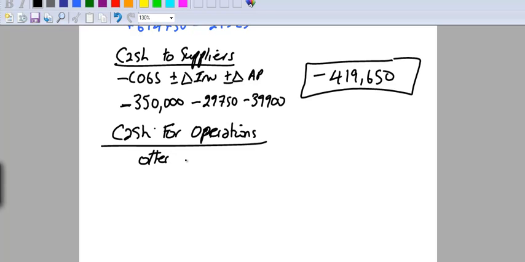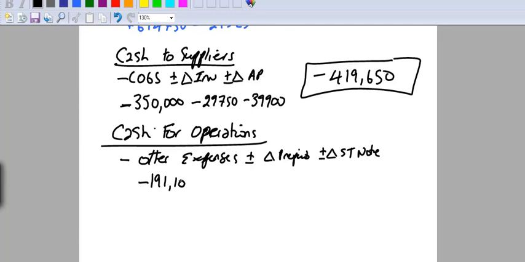I don't want to put depreciation in there. And it's going to be plus or minus any other working capital accounts. Have I used prepaid expense? No, I'm going to put it there. And do I put short-term note payable in there? Yes, I do. So my other operating expense, 191,100.